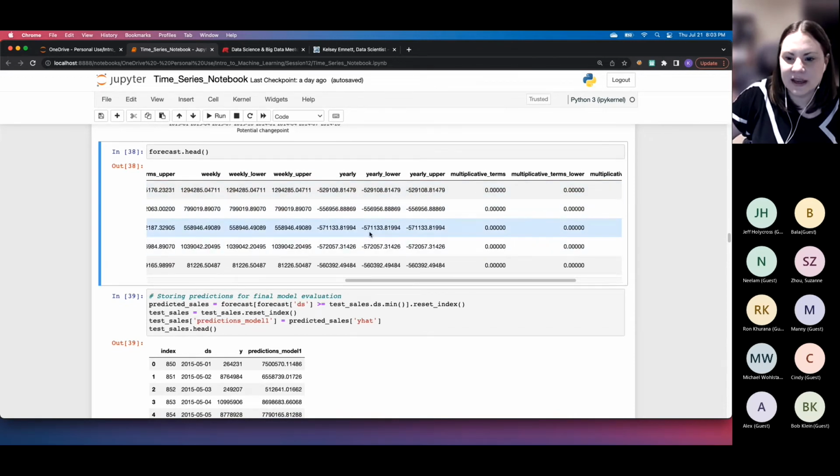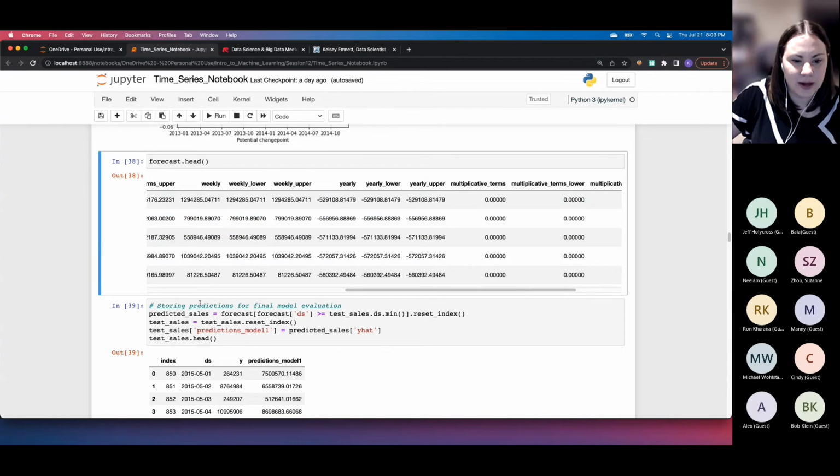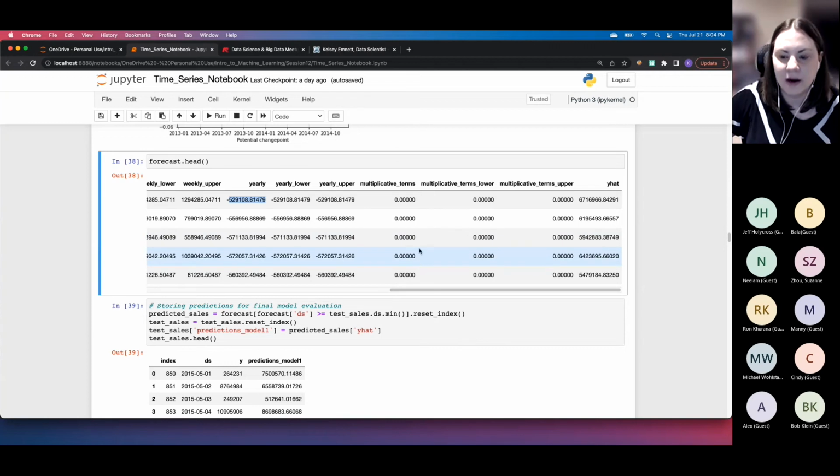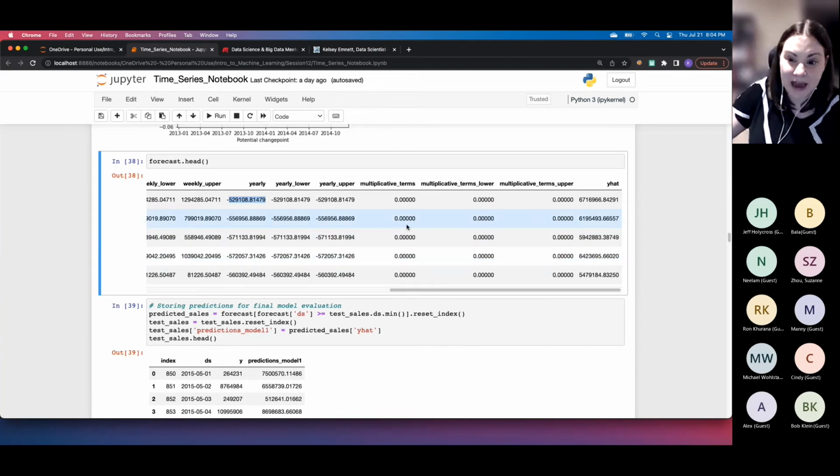Same thing with yearly. January 1st is going to have the same number in this data set as well. Then it has additive or multiplicative terms, depending on whether they use an additive or multiplicative model. In this case, the default is additive, and then it gives a prediction, which is our y-hat.